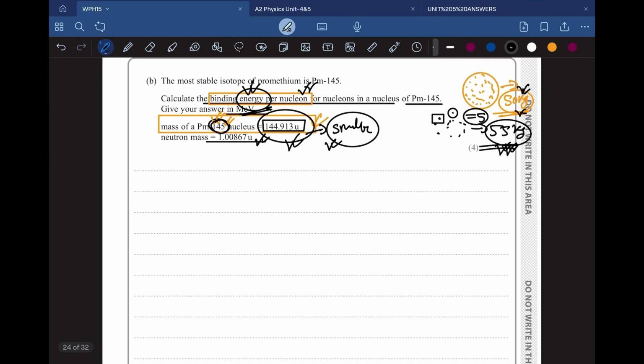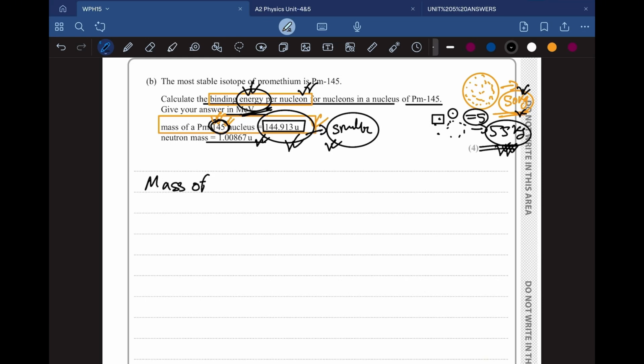So we'll have to calculate the mass of each and every proton, and we know the mass of one proton is 1.67 into 10 to the power minus 27, right? So the mass of protons will be 1.67 into 10 to the power minus 27 into, how many protons were there? Actually there were 61 protons, so it will give us a value of 1.0187 into 10 to the power minus 25 kg.